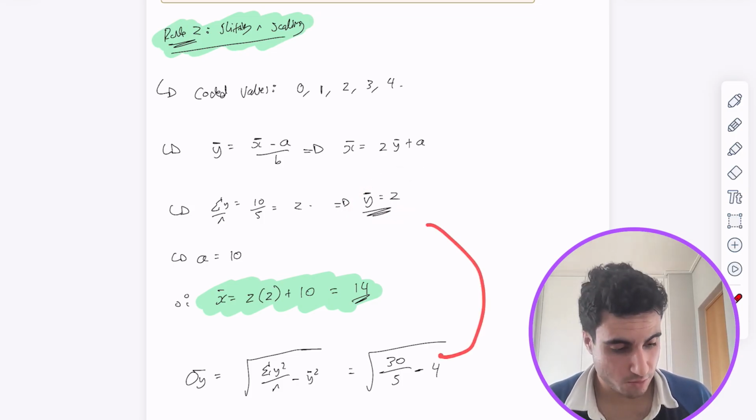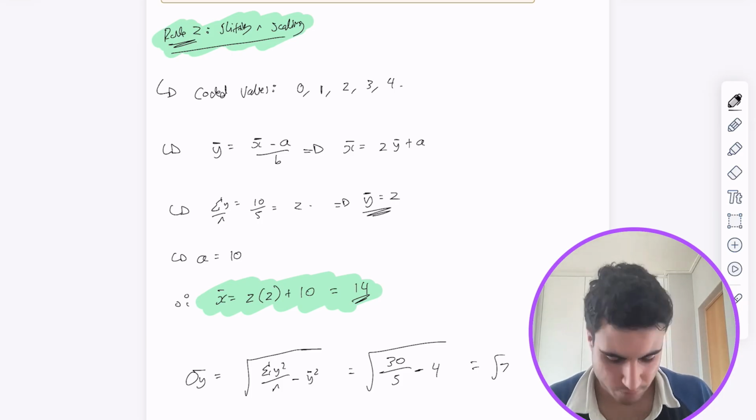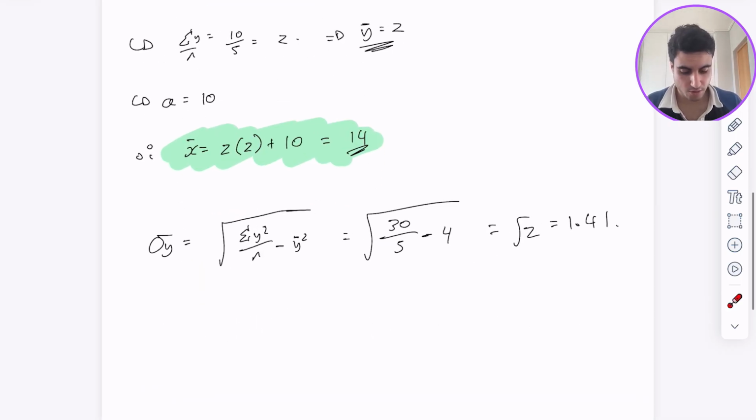So then there, we put that in our calculators. We get root 2, which equals 1.41. But we're not done yet. That's our coded standard deviation there.